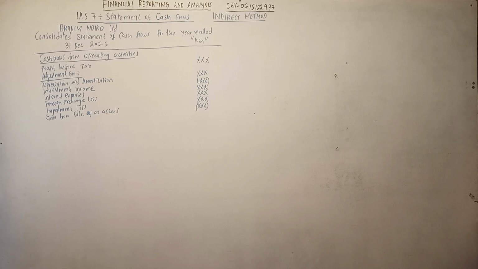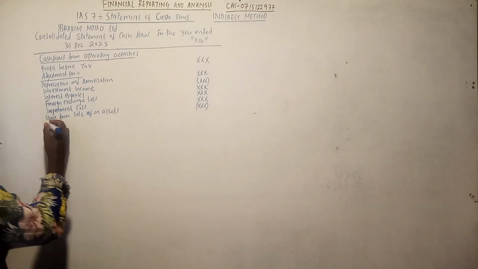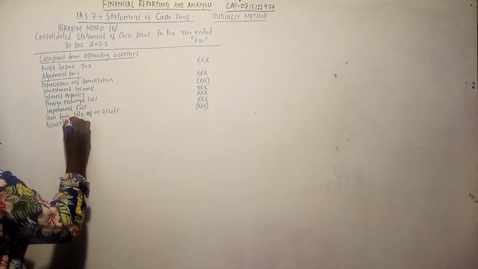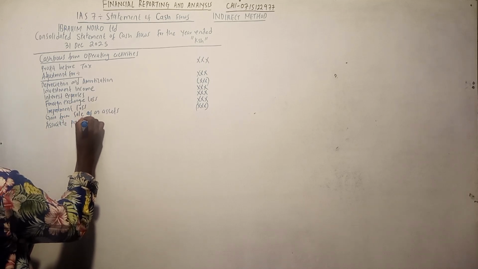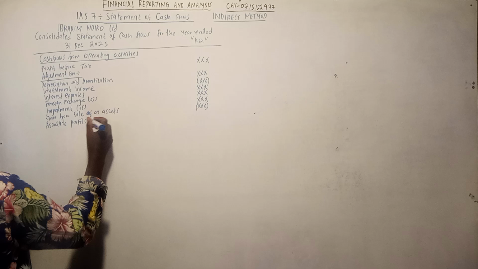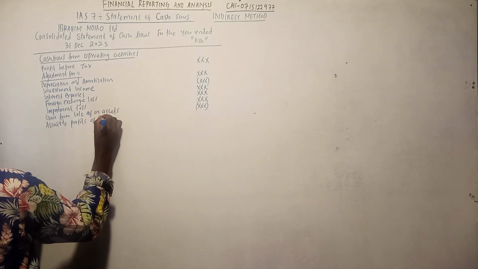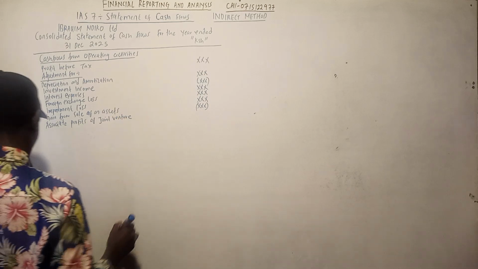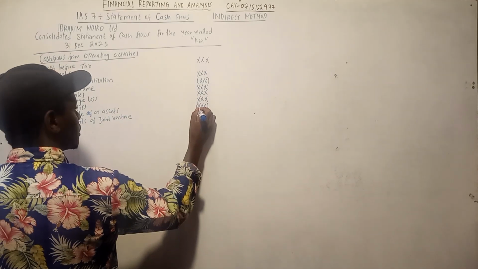We also need to check for the interest of other institutions. For example, we have the associate profit, and we can talk about the joint venture. It was added, so we deduct.